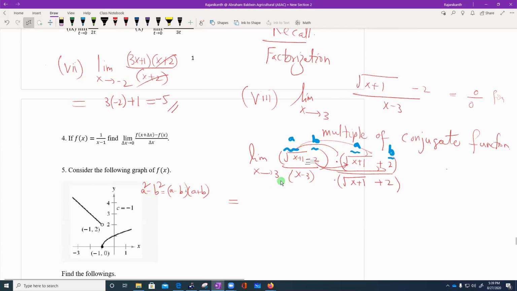So if you rewrite the numerator, A is now square root of x plus 1, but A squared minus B squared, where B is 2, is simply 2 squared. Okay. Or if you are not seeing this, if you feel it is difficult, you just distribute. You know how to multiply two rational functions, right? Do you know how to multiply?